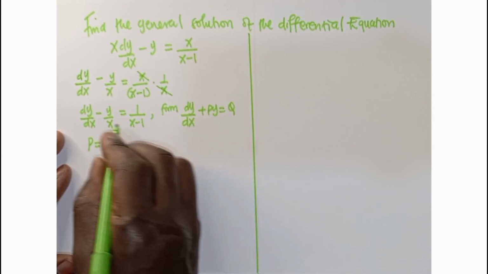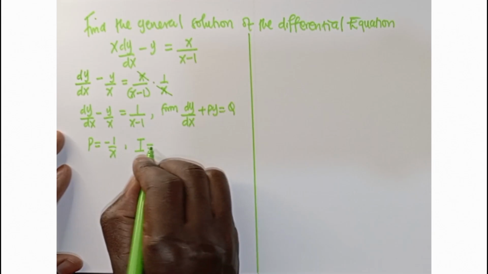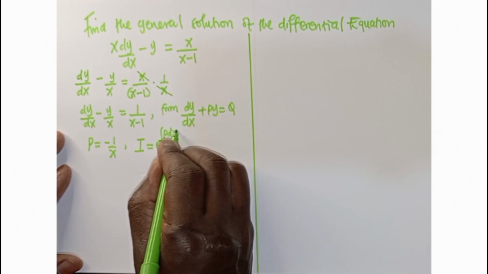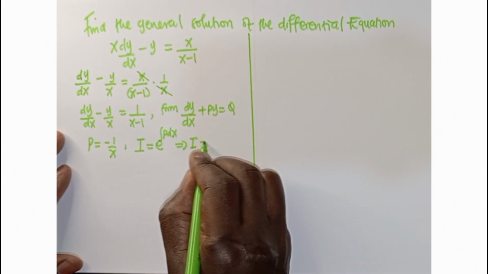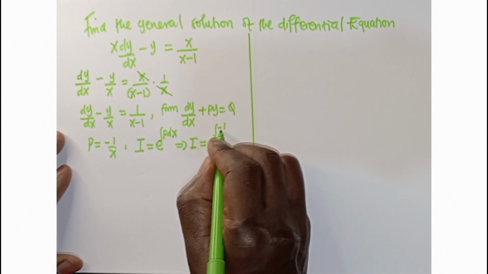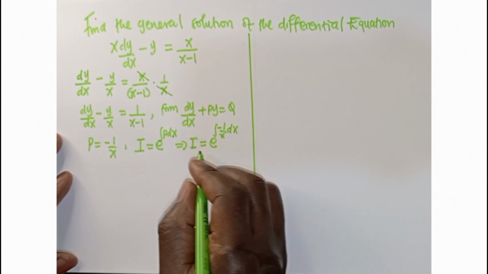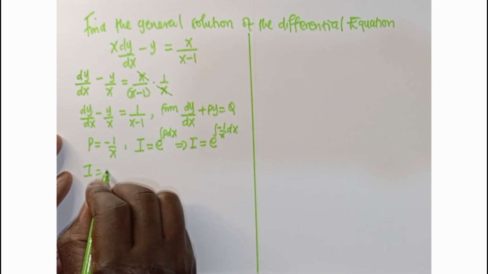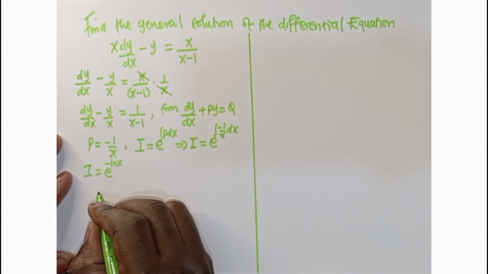So we can go ahead and get the integrating factor. The integrating factor is an exponential integral of p dx. This tells us that we shall have an integrating factor as an exponential integral of negative 1 out of x dx. So our integrating factor becomes exponential negative ln of x.